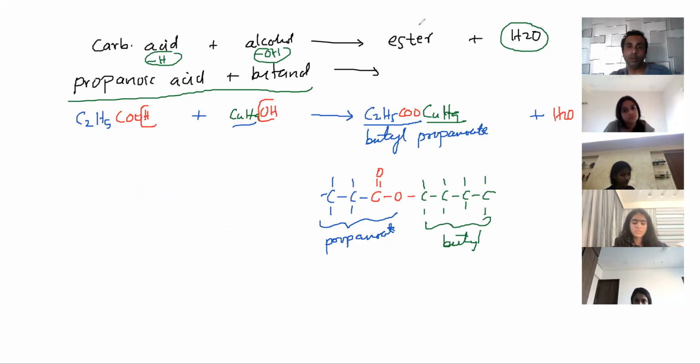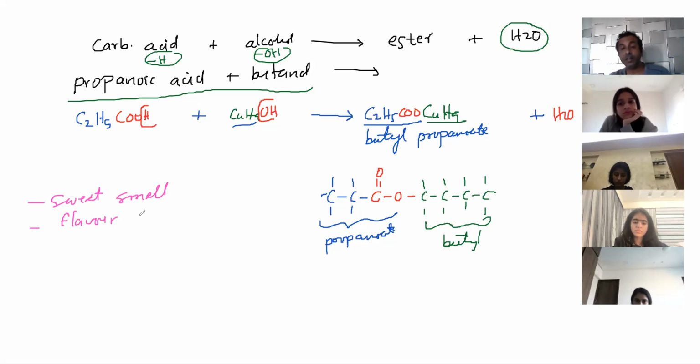Okay, so what else should you know about esters? Esters are sweet smelling substances. They have a sweet smell and they have flavor. They have typical flavors, so different esters will have different flavors and different fragrances.